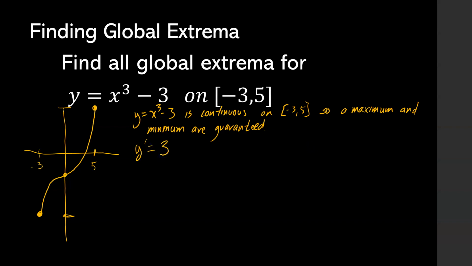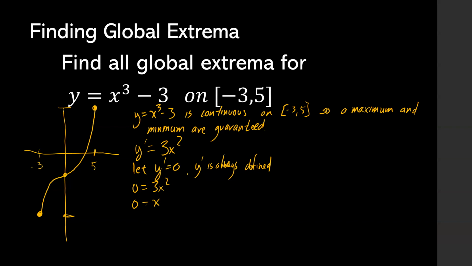The derivative of x cubed minus 3 is 3x squared. Let y prime equal 0. y prime is always defined. Zero equals 3x squared, and 0 is equal to x. Okay, so we found all the critical values, just the one of them, x equals 0.